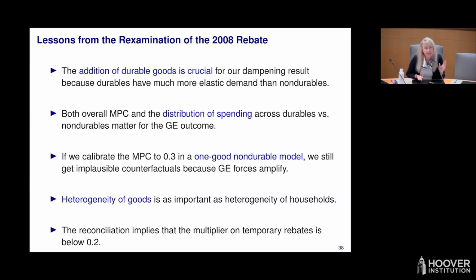If we calibrate the MPC to the 0.34, our new estimate, but assume it's a one good non-durable model, we still get implausible estimates because in those cases, you don't have that high intertemporal substitution that you get with durables. So we actually have to make that distinction with durables. And again, the reconciliation implies a really small multiplier on temporary rebates.